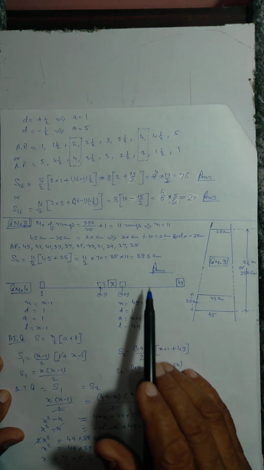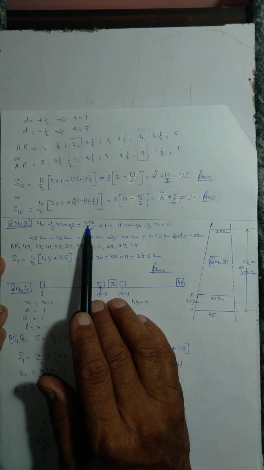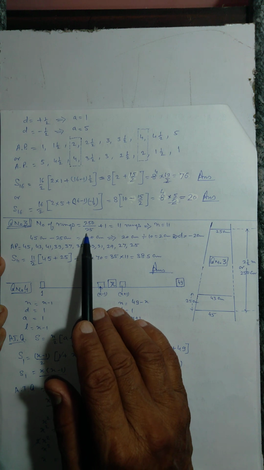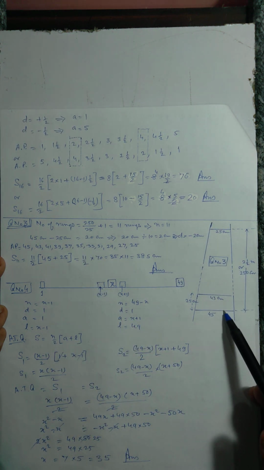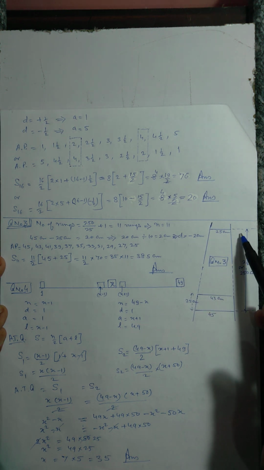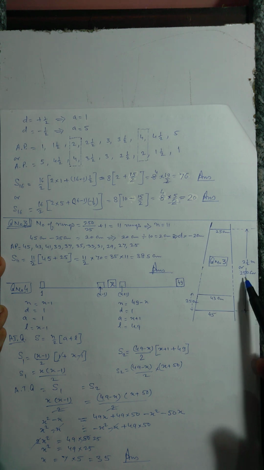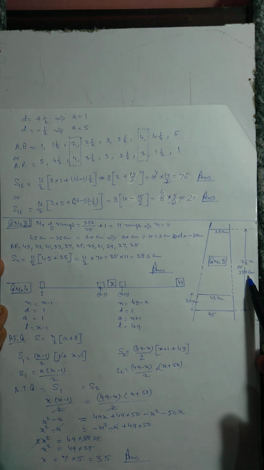You see, the number of rungs will be how many? That is 250 divided by 25. The distance between two consecutive rungs will be 25 centimeter. So the total distance from this point to this point is 2.5 meter, that is 250 centimeter.